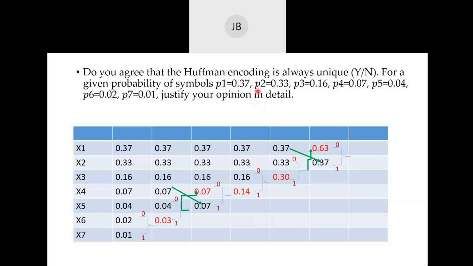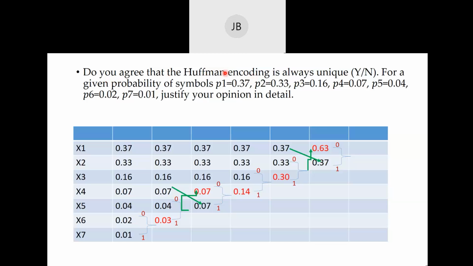Justify your opinion in detail. So the main question here is, there are some probabilities given for 7 different symbols. You need to use the Huffman encoding scheme. You know how to use the Huffman encoding scheme when the probabilities are given. And then you need to comment something here.